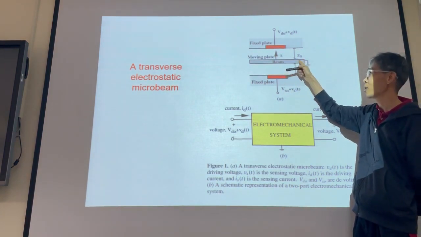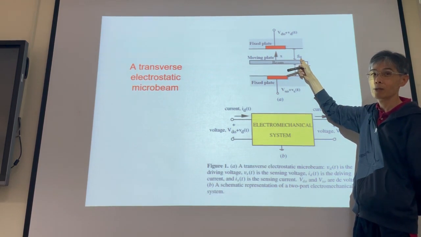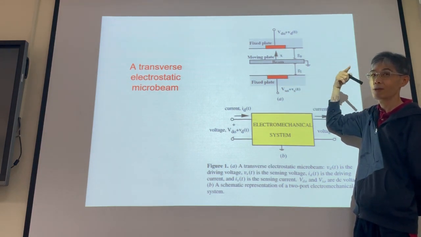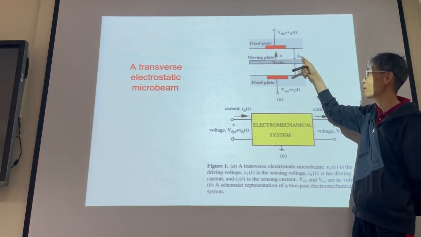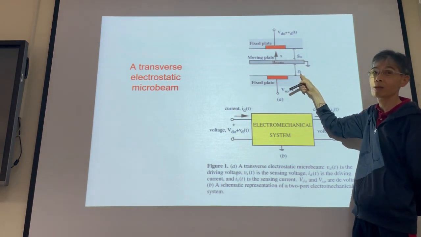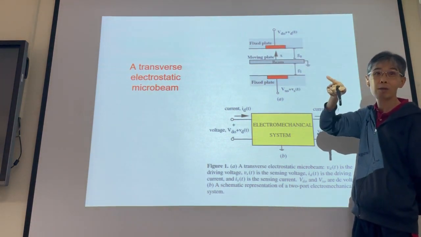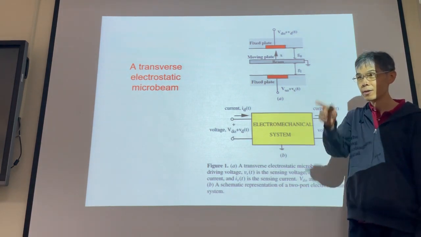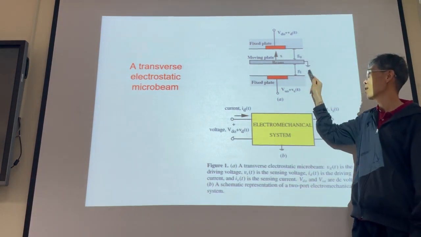Like, why did he use U as a subscript? It's L. U and L. So why did he use U here and L here? Anyone? Yeah, right. Upper and lower.